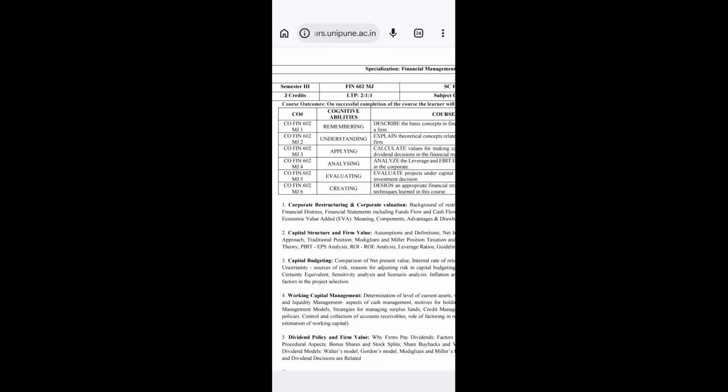In the second unit, there is capital structure and firm value. My dear students, this is the most core part of your syllabus.